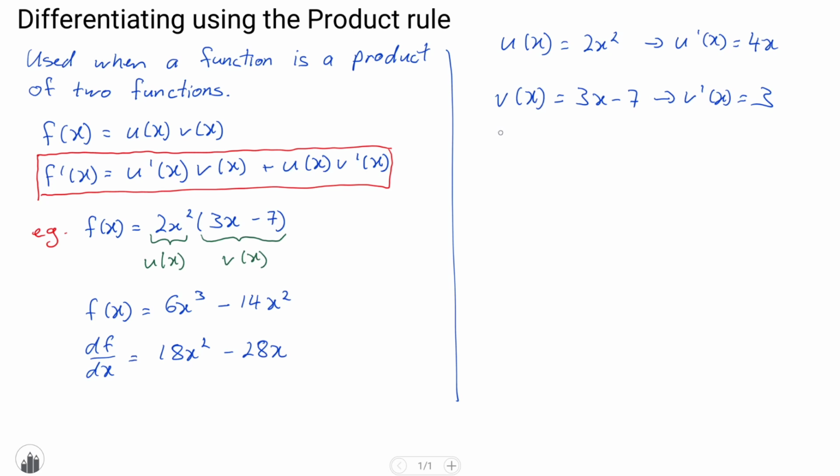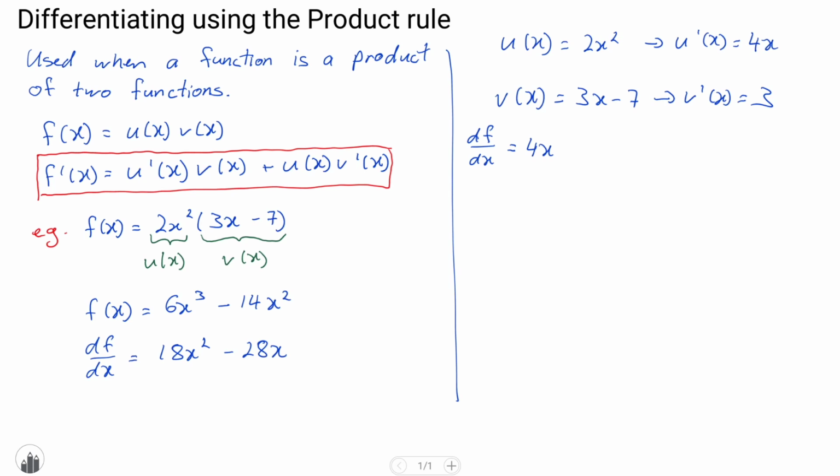So now let's put it all together. We've got f dash of x, or df dx, let's say. We've got df dx equals our derivative of u of x. That was 4x, if you recall. So 4x times our original function v of x.